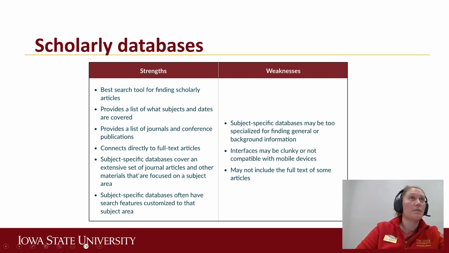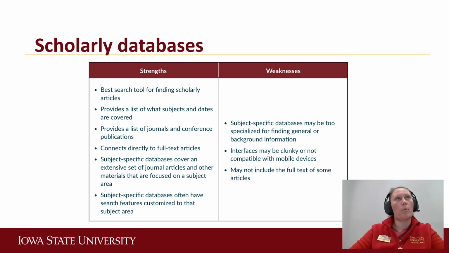So an extensive set of journal articles. And you can get really customized and really fine-tuned with your searches. Unlike Google Scholar, where you were unable to say, no, I really don't want PowerPoints or certain things like dissertations. I just want peer-reviewed literature from this 5-year span. You can do that in these scholarly databases where you might not have that kind of granularity available to you in Google Scholar.